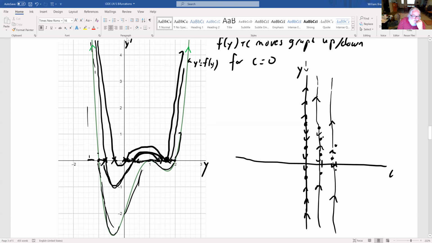Great. And if we keep raising C, eventually we'll touch there. And then this one won't actually come down to the y-axis at all. It'll just keep going up. So we'll just have the one equilibrium there, and the whole thing will be positive everywhere.